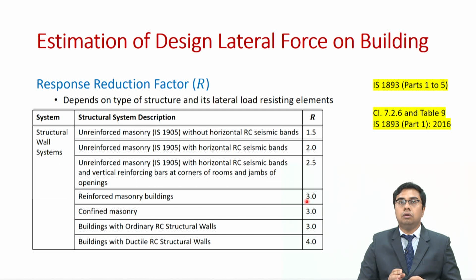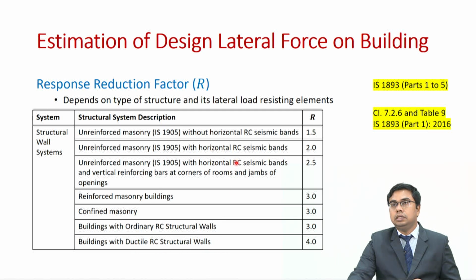Now, if we look into the various structural wall systems, depending on whether the wall is made up of unreinforced masonry, reinforced masonry, confined masonry or reinforced concrete shear wall, whether it is ordinary or ductile, depending on whether it satisfies the ductile detailing provisions given in IS 13920 or not, depending on all of these, you have different values of response reduction factor known to you from IS 1893.